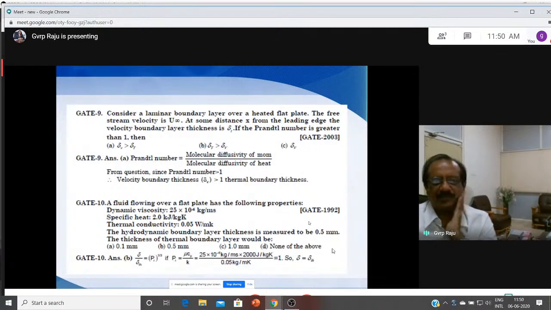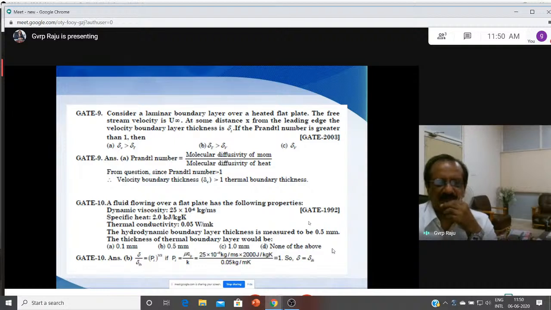So consider the laminar boundary layer over a heated flat plate. The free stream velocity is U infinity, and at some distance x from the leading edge, the velocity boundary layer thickness is delta and the thermal boundary layer thickness is delta t. If the Prandtl number is greater than 1, then what happens?